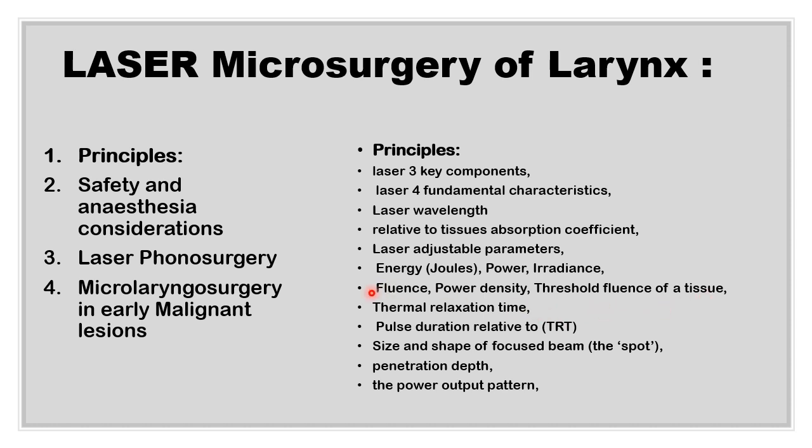We'll be discussing thermal relaxation time required for tissues to cool down, and also the duration of the pulses of the laser energy, the size and the shape of the focus beam, and the penetration depth, and finally the output pattern of the laser beam.